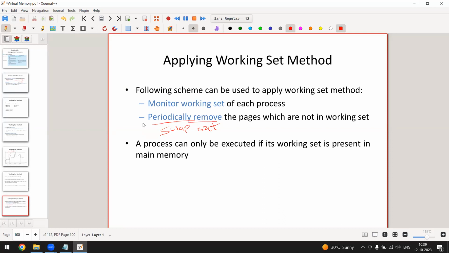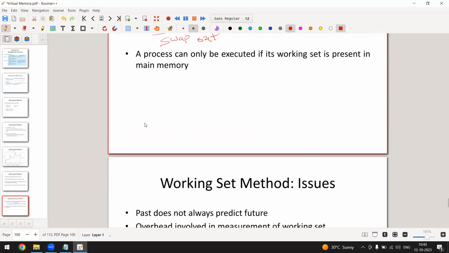And whichever pages are not present in the working set, you have to remove, swap out.